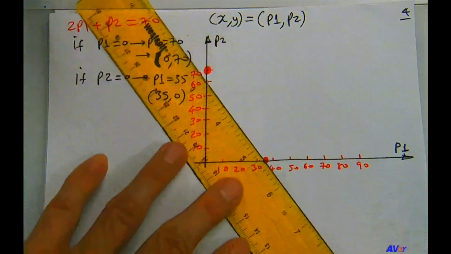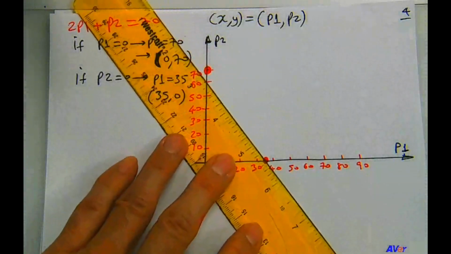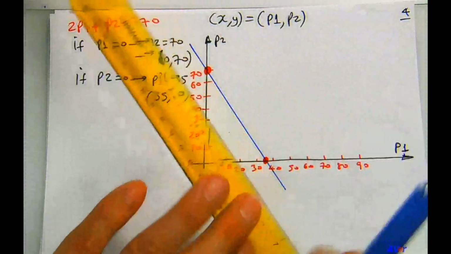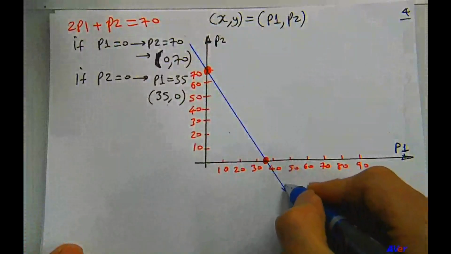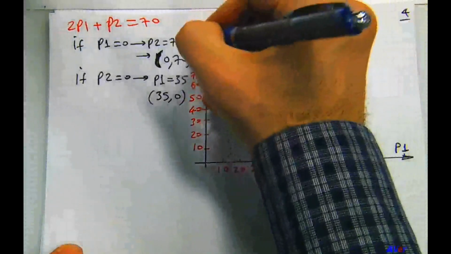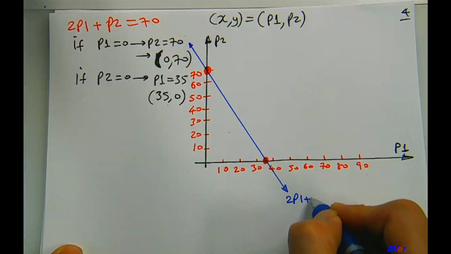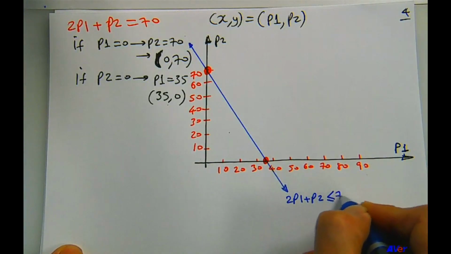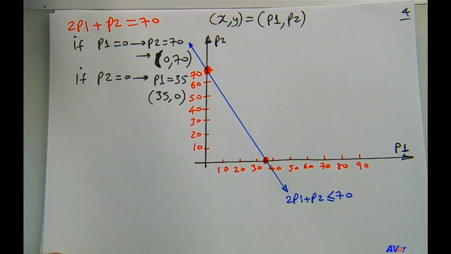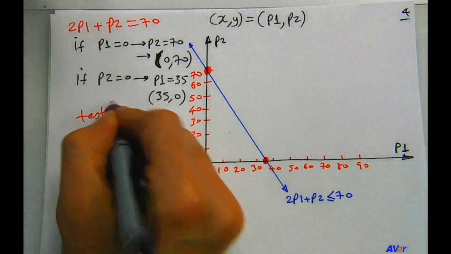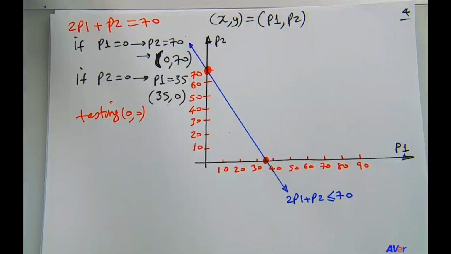So let's connect these with a solid line. Right, like this. So this is 2P1 plus P2 less than or equal to 70. Now pick a test point, testing 0, 0.